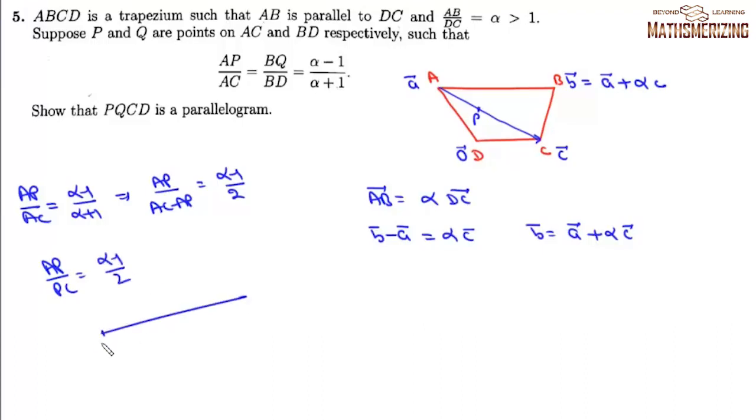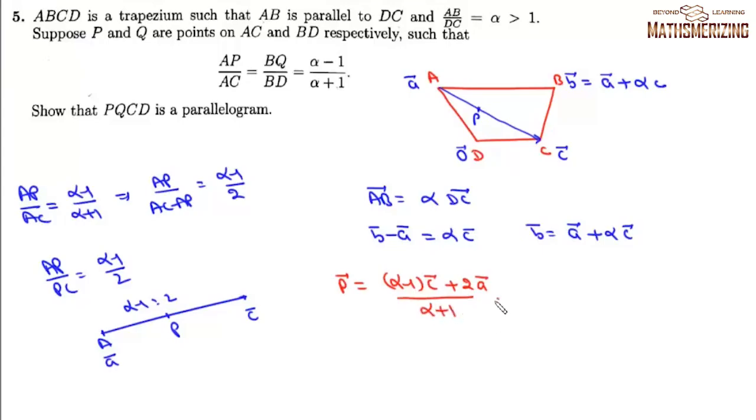So we have A, and then we have this C, and then we have this point P, which divides AC in the ratio alpha minus 1 is to 2. From here we can write position vector of this point P. It will be alpha minus 1 C plus 2A upon alpha plus 1.